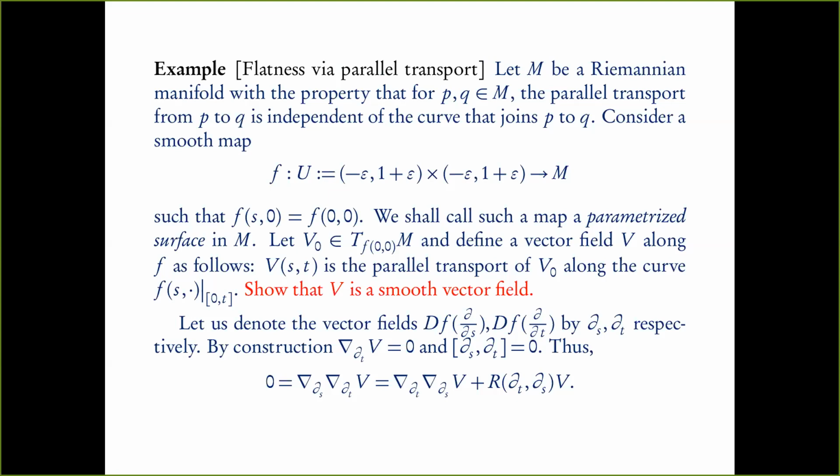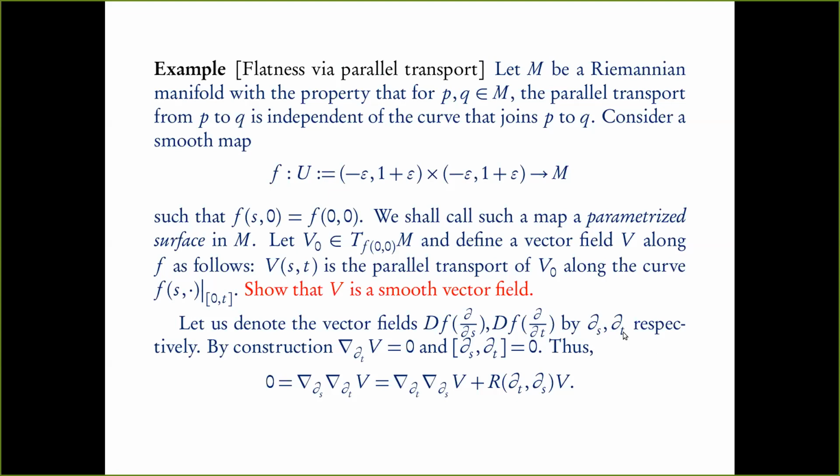I'll call them del s, del t, with a subscript. Just make sure that you're not confusing both of them. Del by del s, del by del t are the coordinate vector fields on U. When you linearize the map F and apply it to the coordinate vector fields, what we get are vector fields on F of U, and I'm calling them del s, del t.